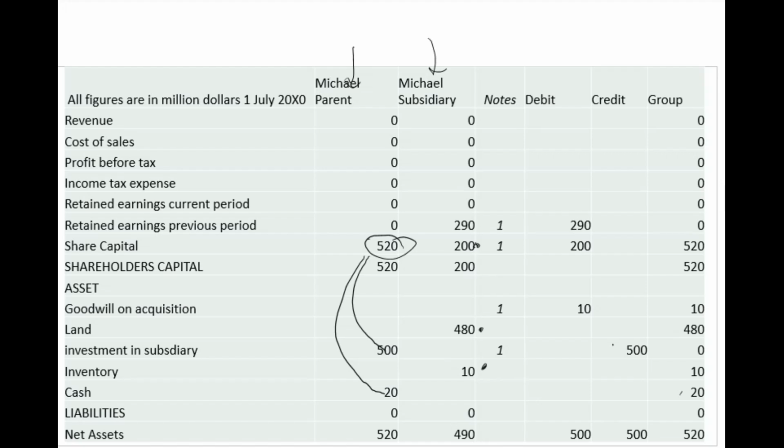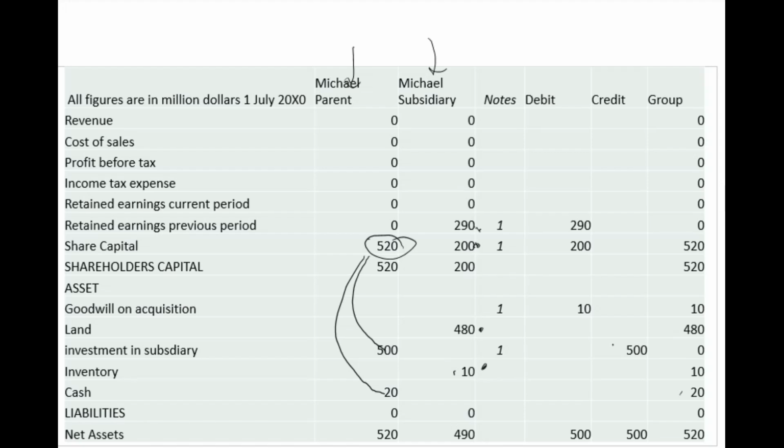And then Michael Subsidiary had land of 480 million and inventory of 10 million, represented by share capital of 200 million and retained earnings at the date of acquisition of 290 million.